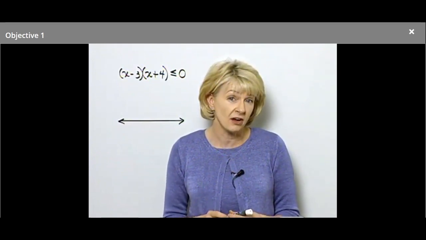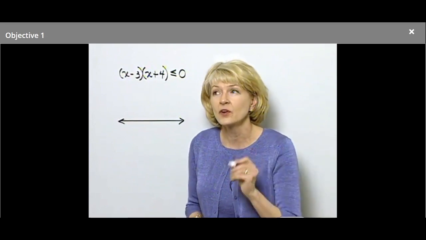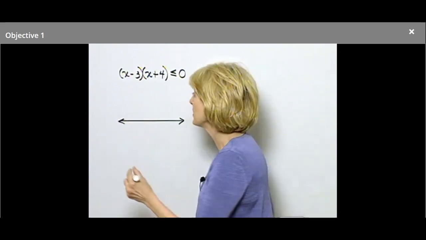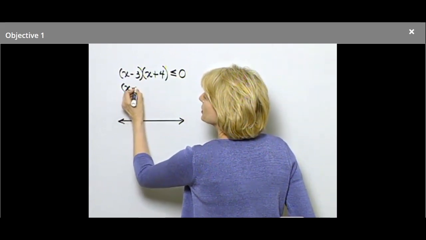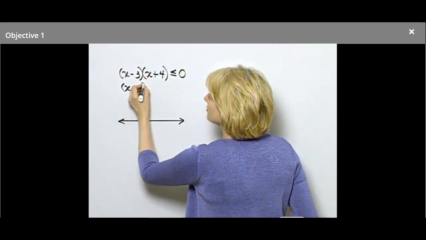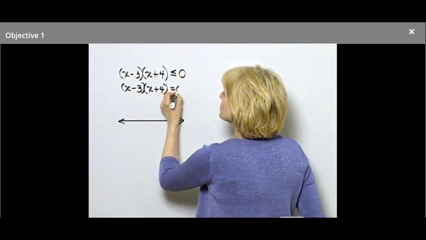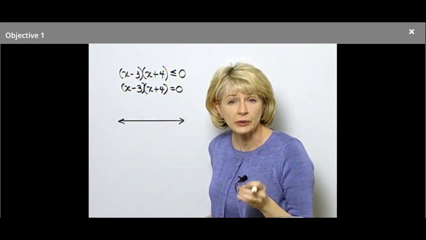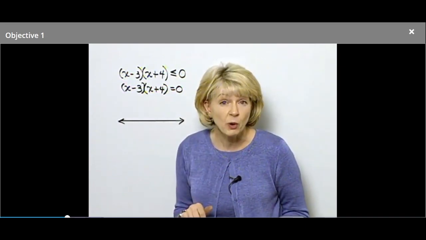Here's how we'll solve a quadratic inequality such as this one. First, we'll look at the related equation. In this case, it is x minus 3 times x plus 4 equals 0. And let's solve the related equation. To solve this equation, notice I have 0 on one side.